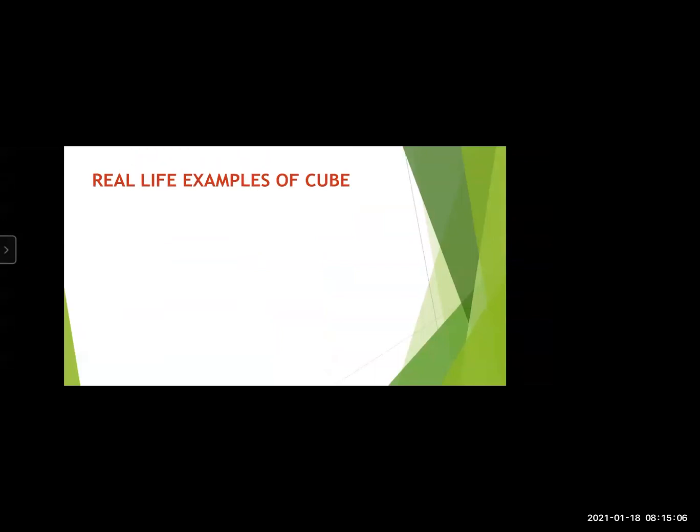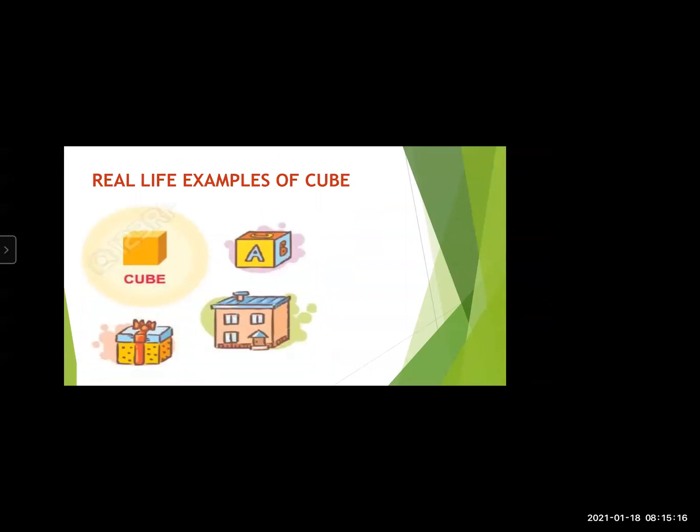Now, where do you see real examples of a cube around you, which objects look like a cube? See here, here we got a gift box. In the gift box, each face is a square. You have to remember, if each face is a rectangle, it's a cuboid or rectangular prism.